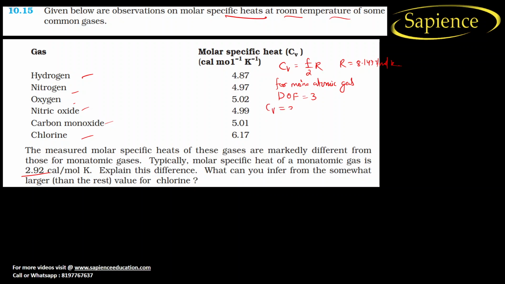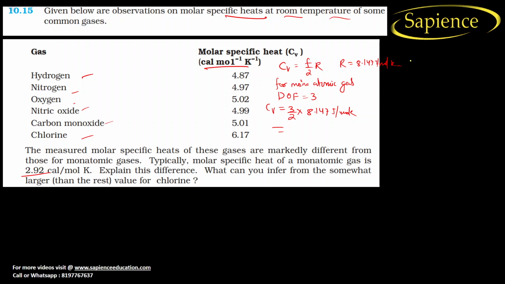So if we put here 3 by 2 into 8.314 joule per mole Kelvin, how much will this be? See, they have given calorie per mole, so we need to convert R into calorie per mole also.